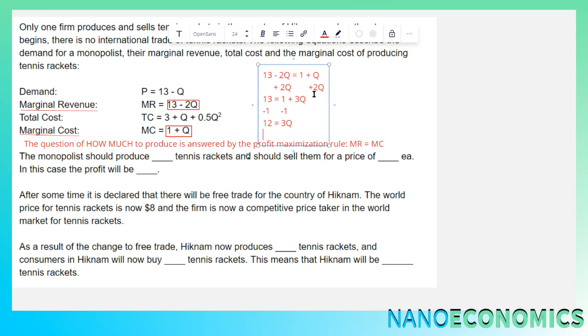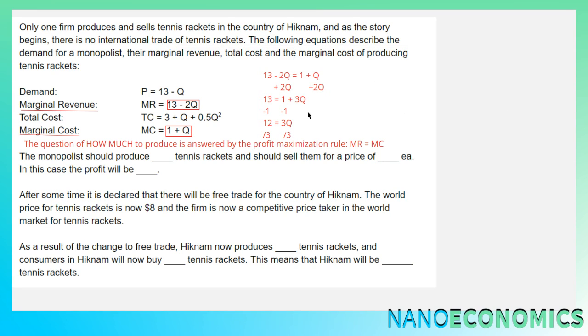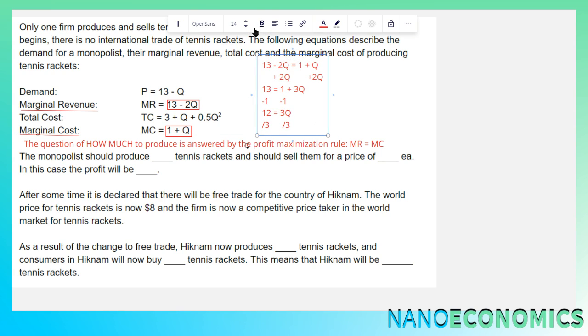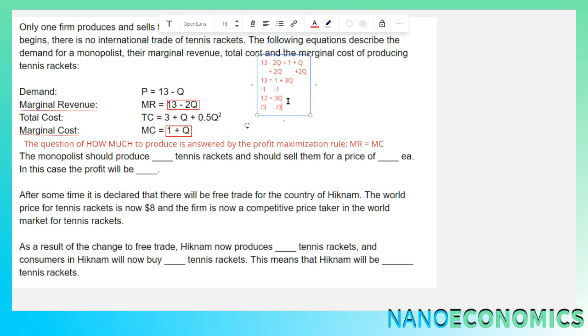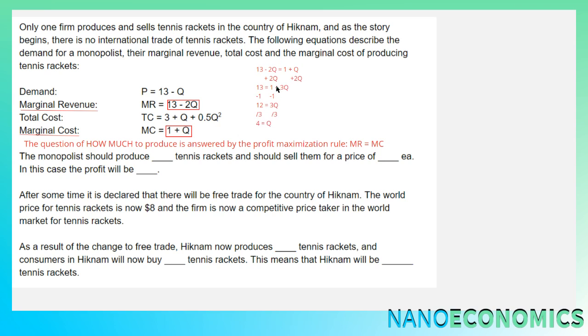And then if we divide both sides by 3, we end up with 4 equals Q. In other words, the quantity that we should produce as a monopolist is 4.